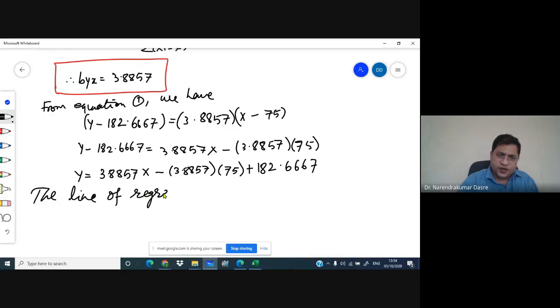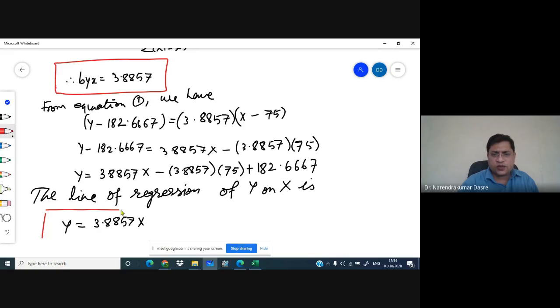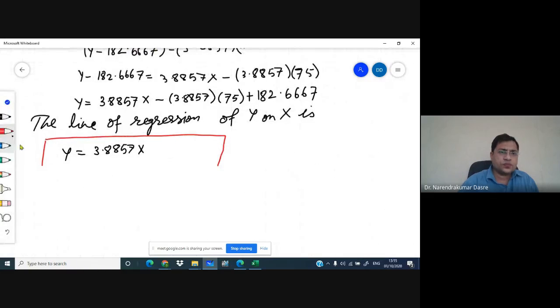So we can say the line of regression of y on x is, so what do you get here? y is equal to 3.8857x, and then give me the value of the constant that you are getting. This value will be something minus.